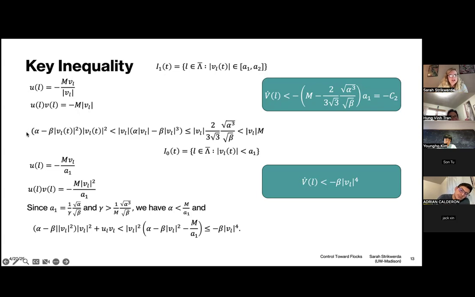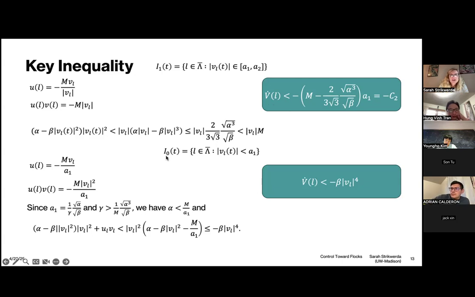And then when I look at what the actual derivative is, it involved this term, and I can see that that is now going to be less than VL times this term right here. And then that's going to be less than VL times this constant. And this is where it is necessary for us to assume that m is greater than this constant right here. So here we need this in order to show that we actually have our v dot L less than a constant on this interval.